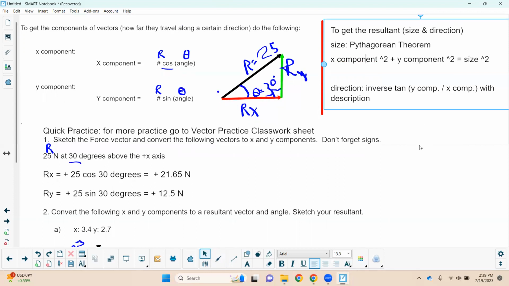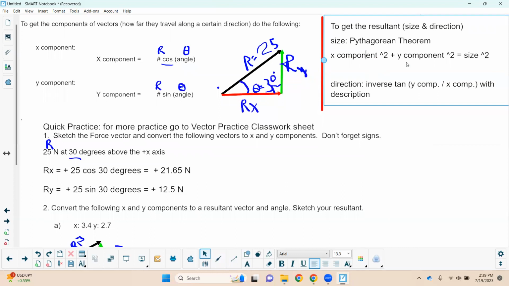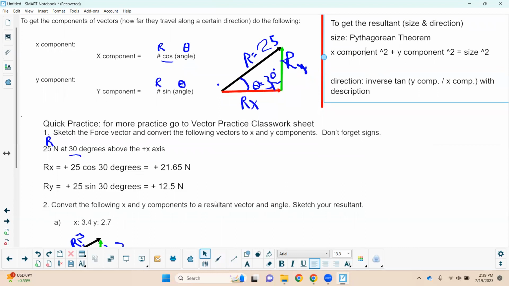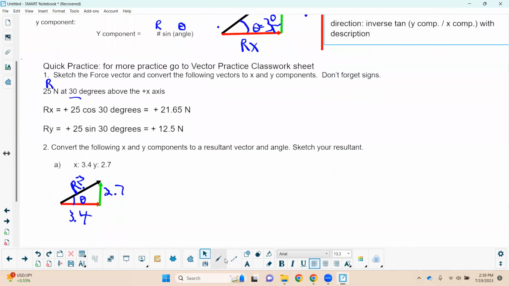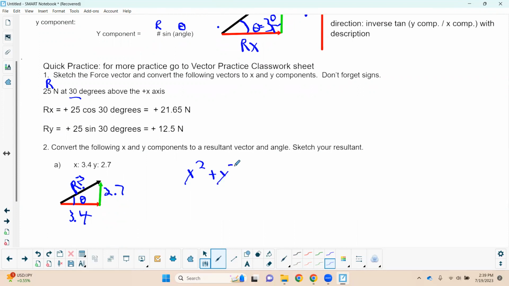So it's x squared plus y squared equals basically r squared. So I'll write that out here: x squared plus y squared equals r squared.